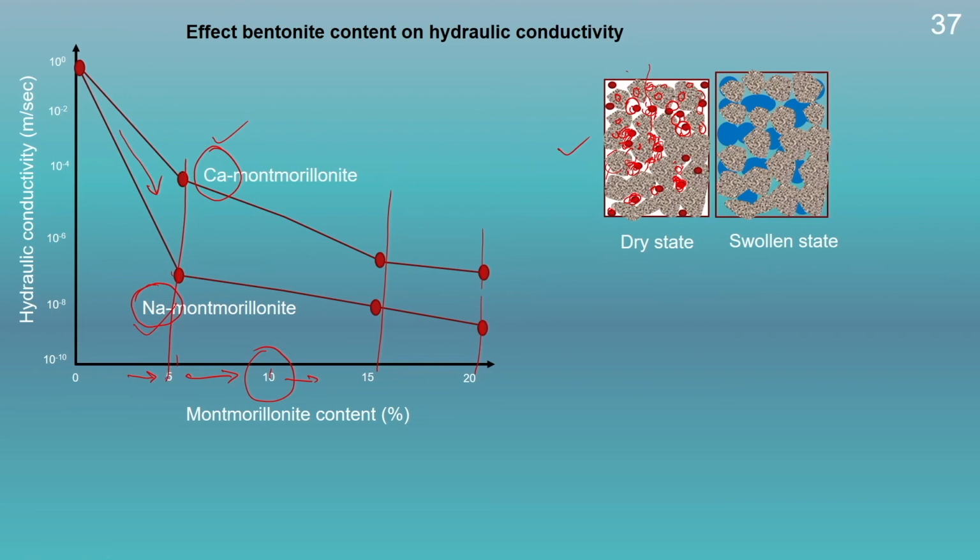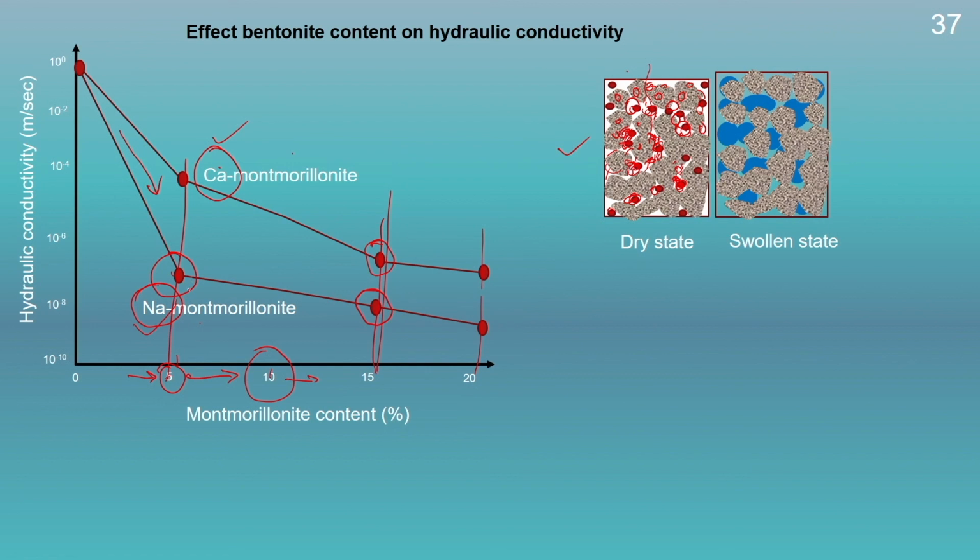For the same amount of expansive soil content, for example 5% of sodium montmorillonite and 5% of calcium montmorillonite, we could see a lower value of hydraulic conductivity for sodium montmorillonite in comparison to calcium montmorillonite. Similarly, here also we could see a lower value of hydraulic conductivity for sodium montmorillonite in comparison to the calcium montmorillonite.